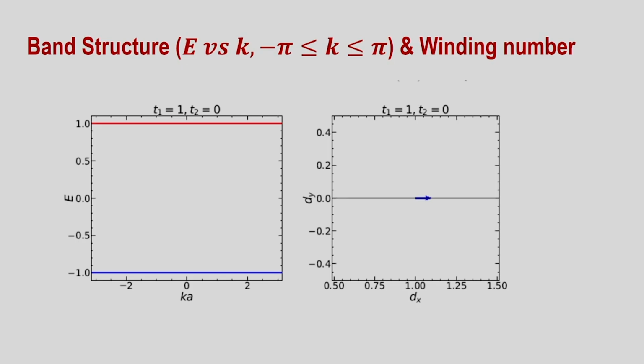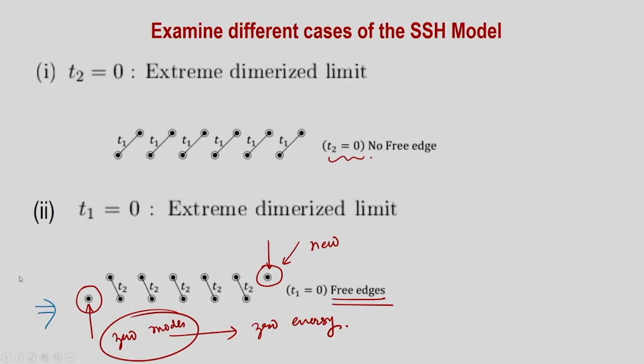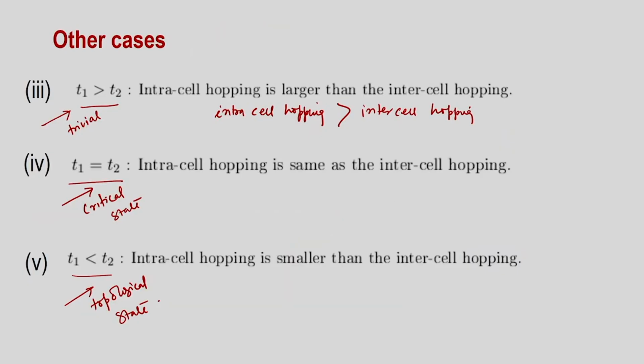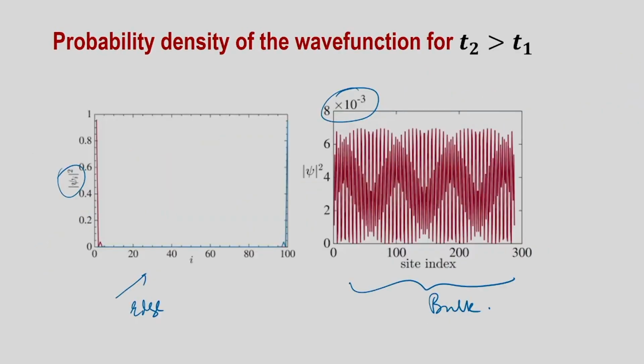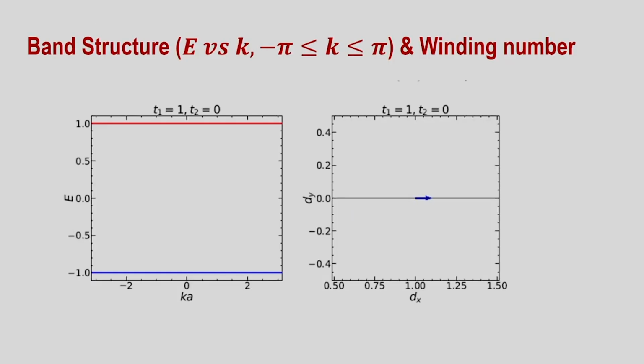So we show all these 5 situations that we have talked about here. These two are dimerized limits, one being trivial, then topological, and again trivial, critical, and topological, and so on. We calculate the winding number that we have just defined for each one of these.